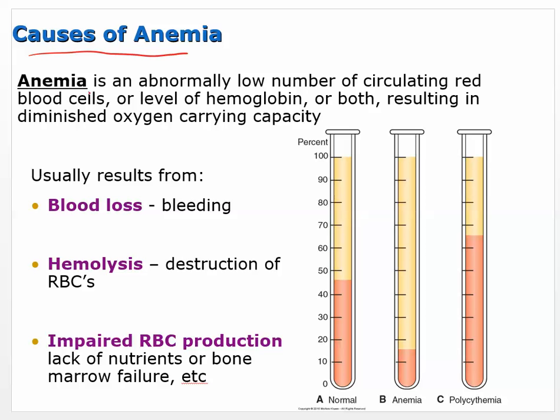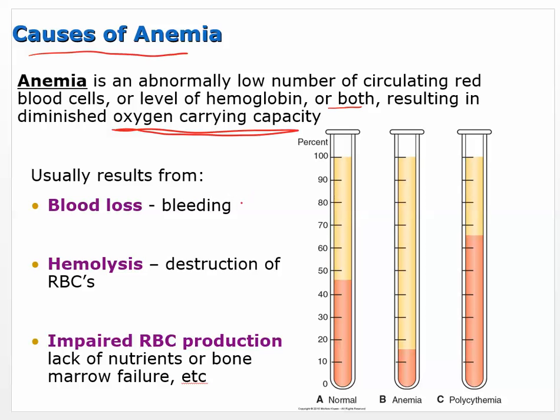All right, so causes of anemia. First of all, what is anemia? Anemia overall is an abnormally low number of circulating red blood cells, or the level of hemoglobin, because remember the red blood cells may have more or less hemoglobin in them, or both. Ultimately, what we care about is oxygen carrying capacity, whether that's because we don't have enough red blood cells, or because there isn't enough hemoglobin. We're concerned with diminished oxygen carrying capacity, and that's what anemia is.